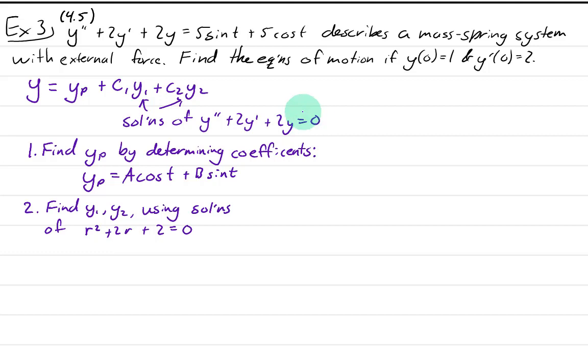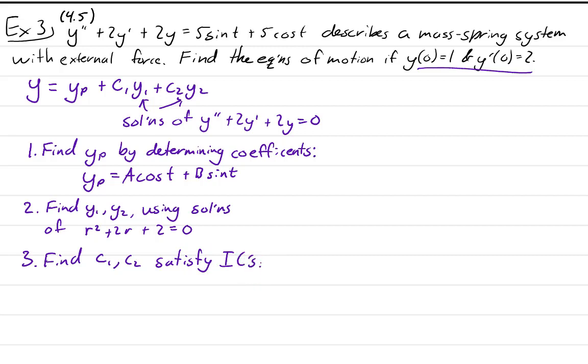And so you're going to do the tricks from sections 4.2 and 4.3 where you do e to the power of whatever r you get times t, and make that your y1 and y2 functions. Or maybe use sine and cosine if you get imaginary solutions. Anyways, once you've got that, you want to find the C1 and the C2 that satisfy the initial conditions given here.